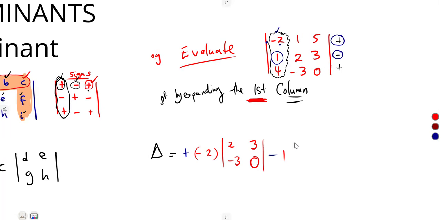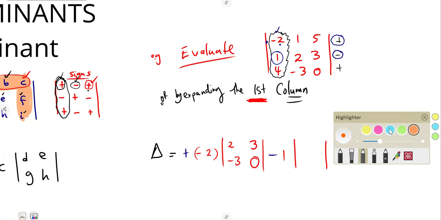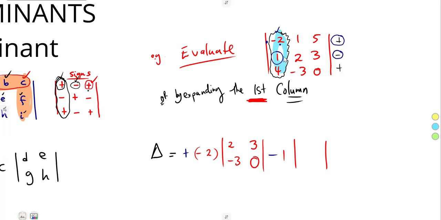Sign element, then you determine the minor, which is the determinant of what is remaining when you close the row and column where that 1 is. If we close this column and we close the row where this 1 is, what is left?